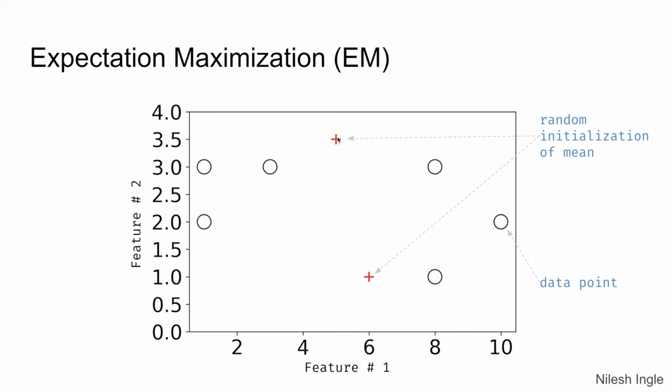The very first step, a general approach, is that we find the distance of all the data points to each of these randomly initialized seed data points. Based on that, we can decide which points are closer to each of these and which points are farther.